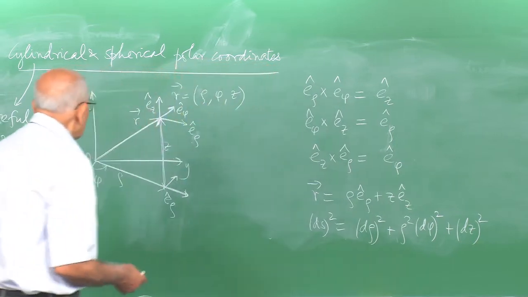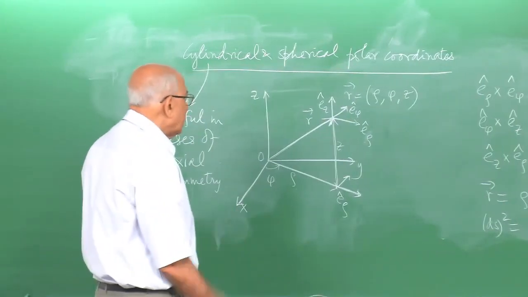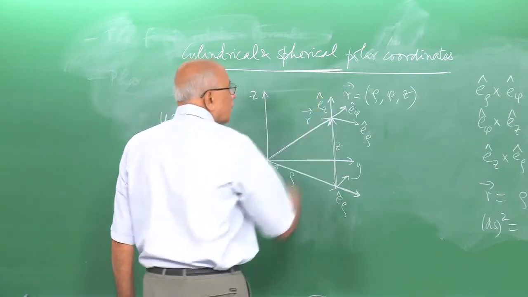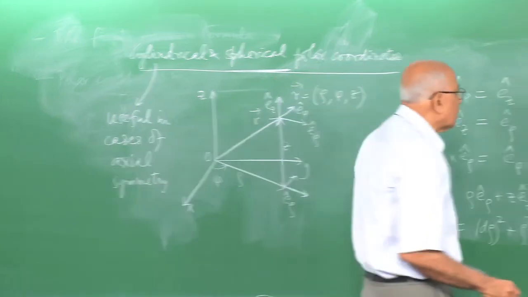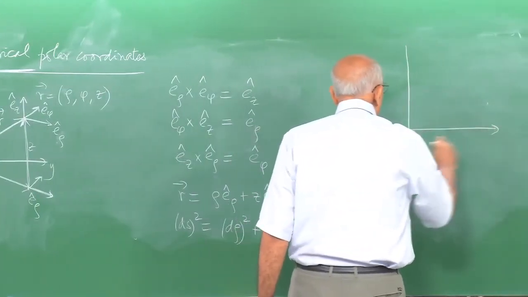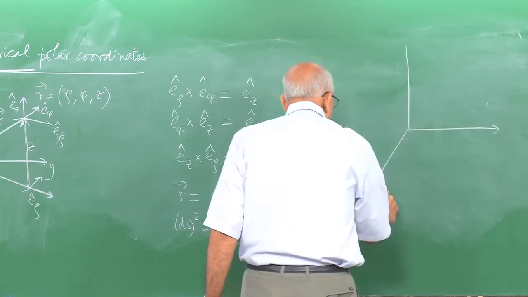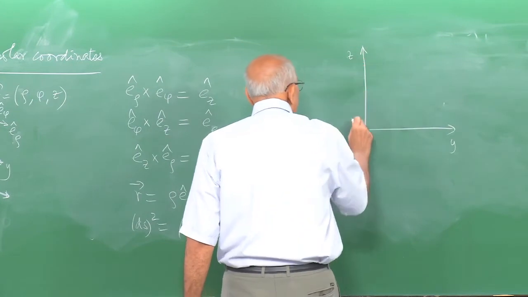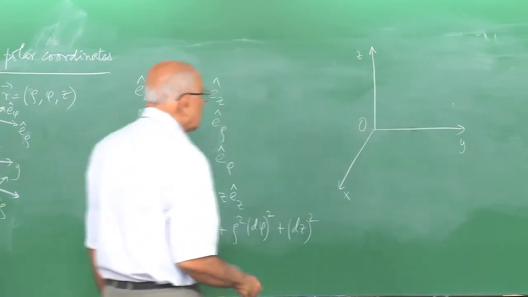Okay. A little more intricate than that would be the case of spherical polar coordinates, and this is what these polar coordinates look like. So here's x, here's y, and here's z. That's the origin.